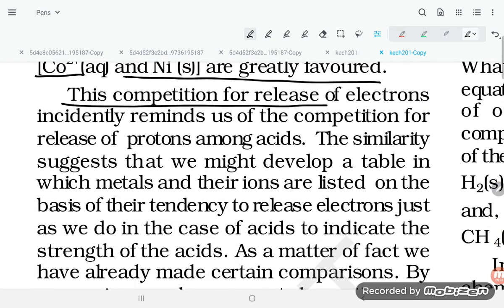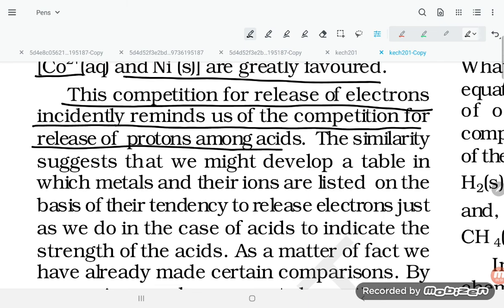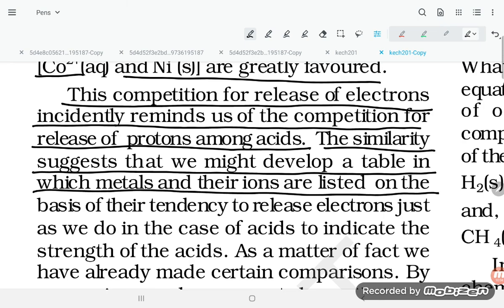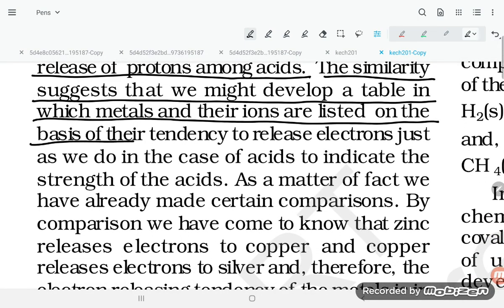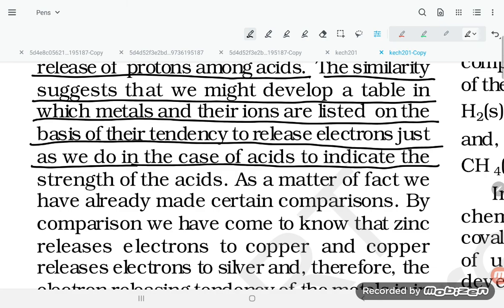This competition for releasing of electrons incidentally reminds us of the competition for the release of proton among the acids. The similarity suggests that we might develop a table in which metals and their ions are listed on the basis of their tendency to release electron, just as we do in the case of acids, to indicate the strength of the acid.